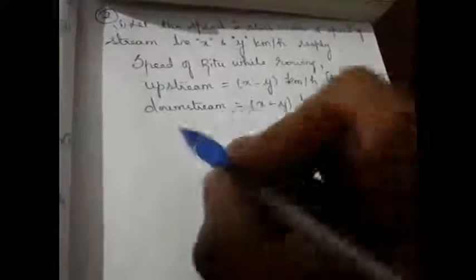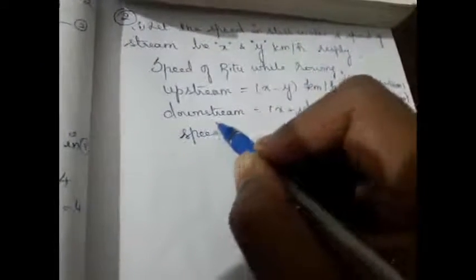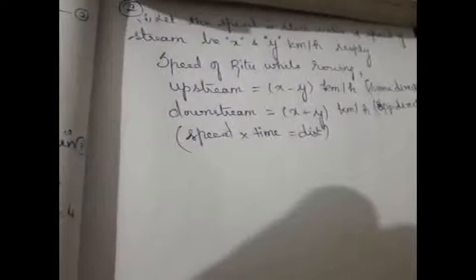Right? Now how will your equation become according to the question? We know speed into time will give you the distance covered, right? So we are going to use the same concept here. Downstream, so it is x plus y.